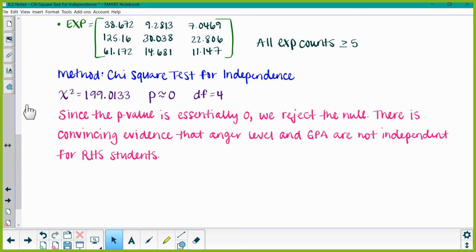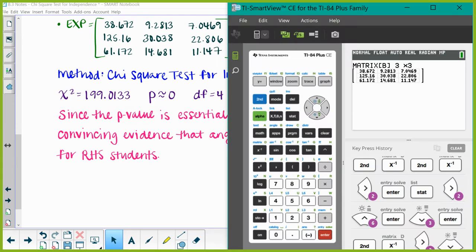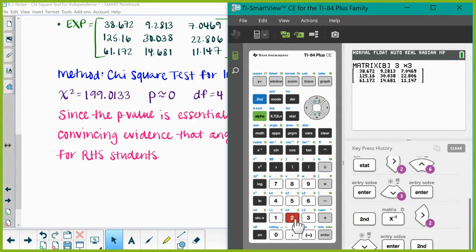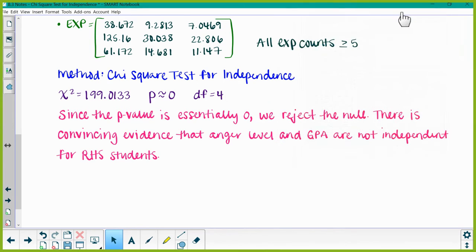Expected values, you're going to go, let me pull my calculator up really fast one more time. Second, X inverse, over to edit, and then I just go down to matrix B, so number 2, and they should be auto-populated there, but make sure that you have run the test. If you do not run the test, they will not show up.